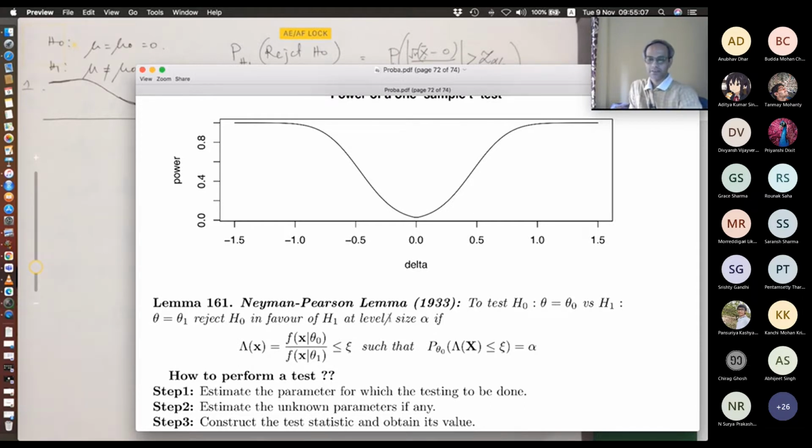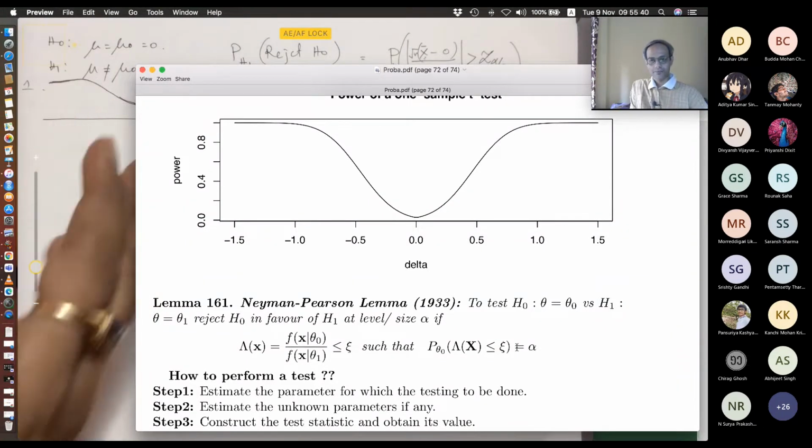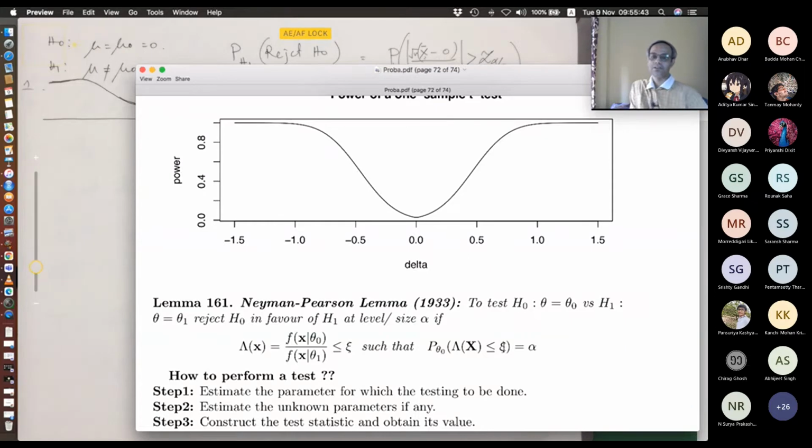And to maintain the level of the size, under H0, here H0 is a singleton, this ratio of likelihood, or maybe say density, the probability that quantity is less than xi equals alpha. So you need to compute the value of xi from this condition. And if you derive that, you will again come to, say for example, if you are doing the test for mu, sigma known, that same conclusion that xi will be z alpha by 2.